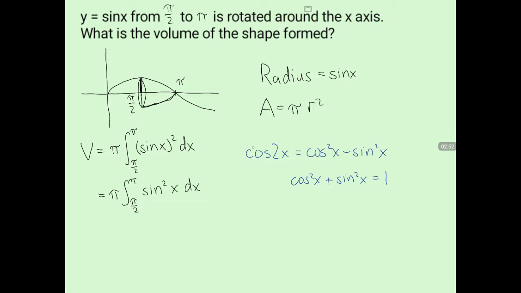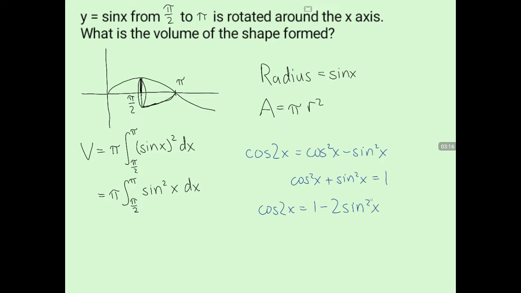By rearranging this upper equation, we can get cosine 2x is equal to 1 minus 2 times sine squared x. We get that by plugging in cosine squared x equals 1 minus sine squared x into the above equation.